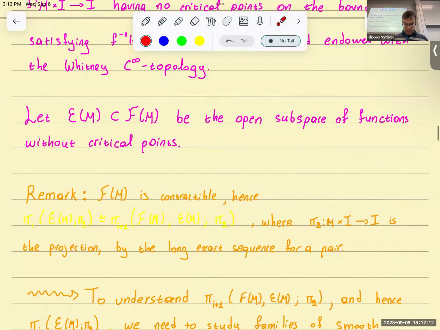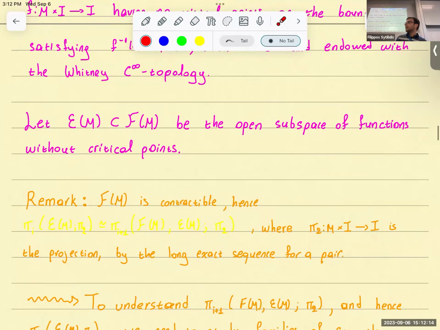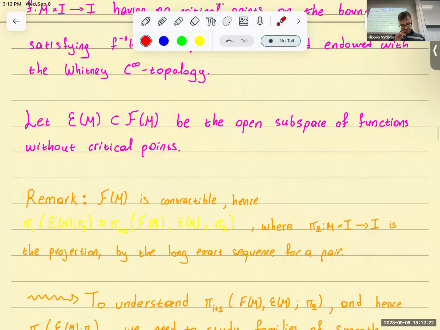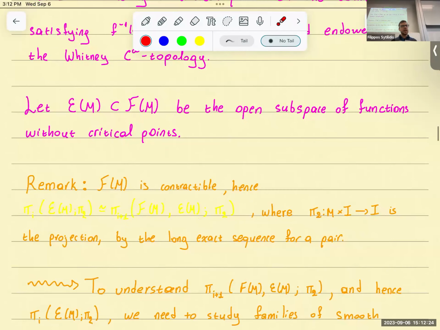I would like to make a remark. This space F of M is a huge space, and it's also a contractible space. I'm not going to prove that it's contractible, but the reason it's contractible is because it's convex, really.